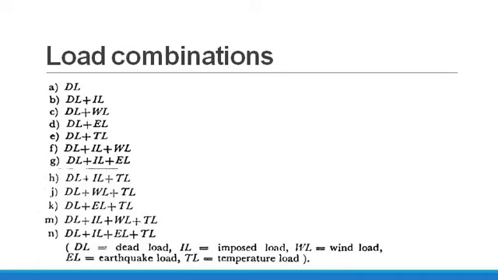Now if we are using 875 part 5 with our 1893, then the earthquake combinations that we use are dead load plus earthquake load or dead load plus IL plus earthquake load. In these combinations, we will consider the earthquake load in both directions, x and y, and we will take the factor 0.3 in the respective directions.